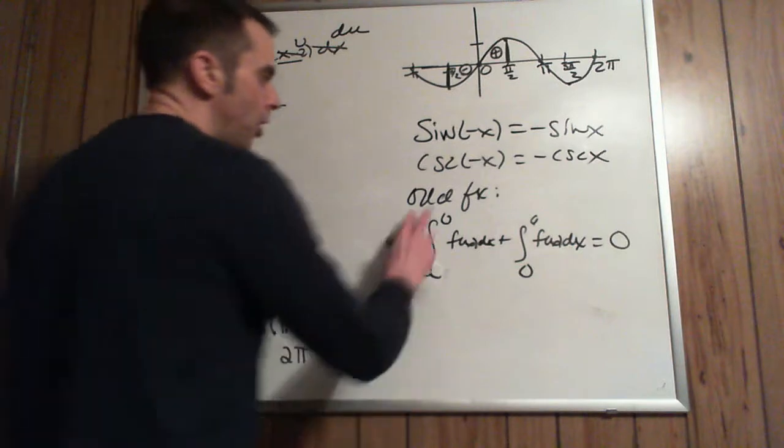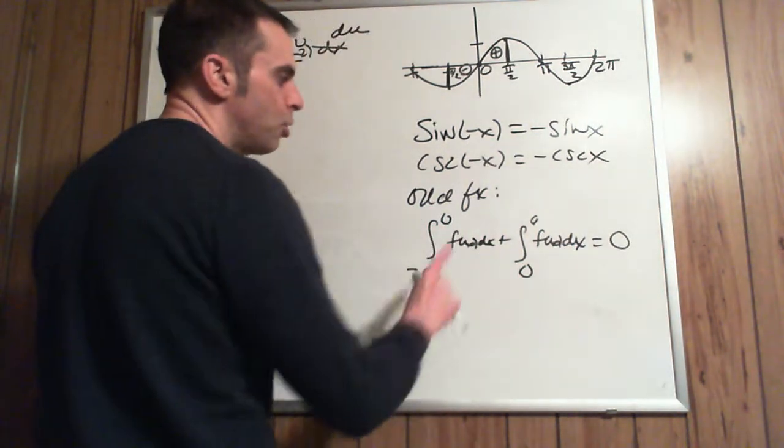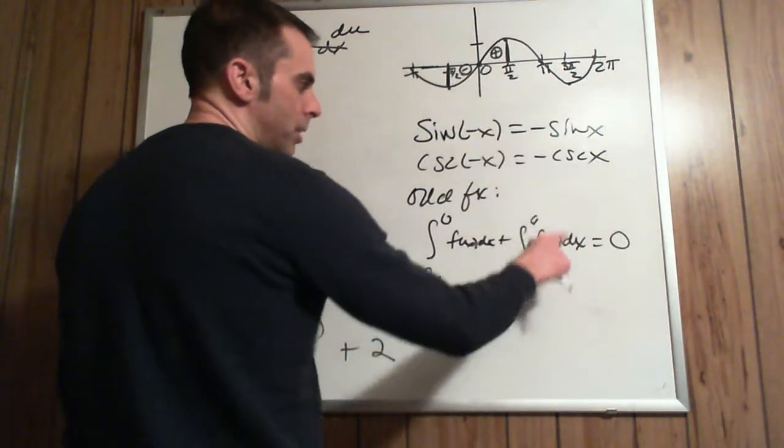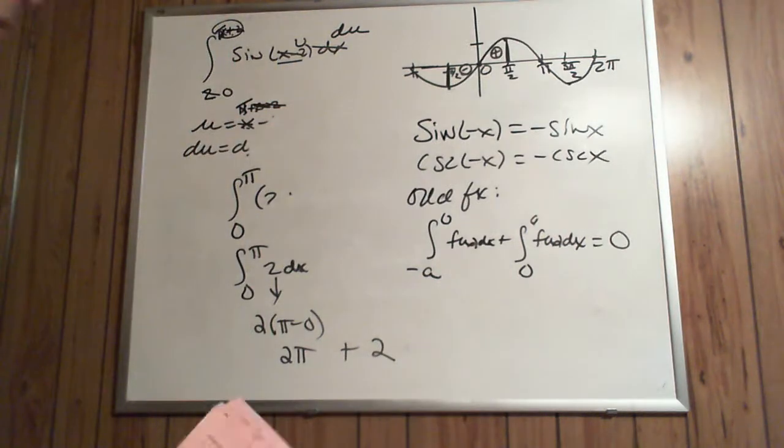So when you have a function that's odd, splitting it up at the origin means you'll have two equal areas, the same area above that's positive and the same area below that's negative. When you add them, you'll get 0.